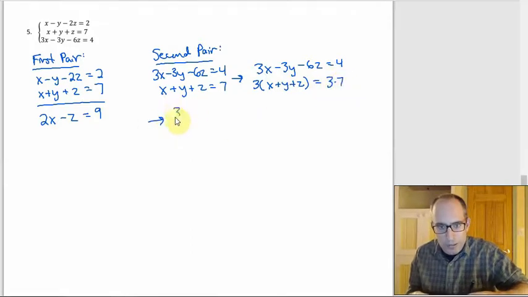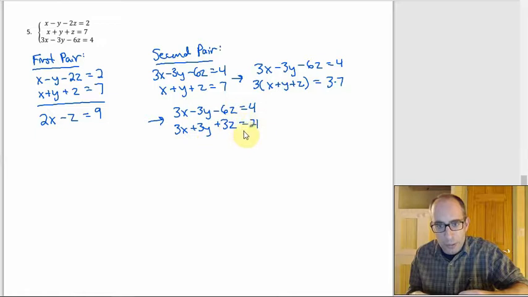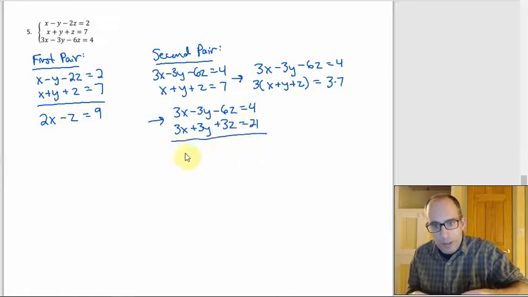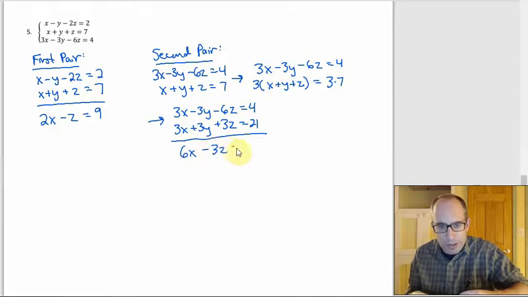And then we're going to have 3x minus 3y minus 6z equals 4, and then underneath 3x plus 3y plus 3z equals 21. And if I add those, that's going to be 6x minus 3z equals 25.